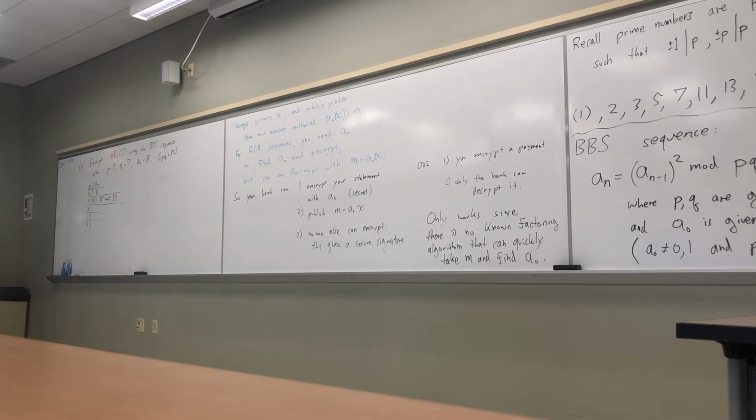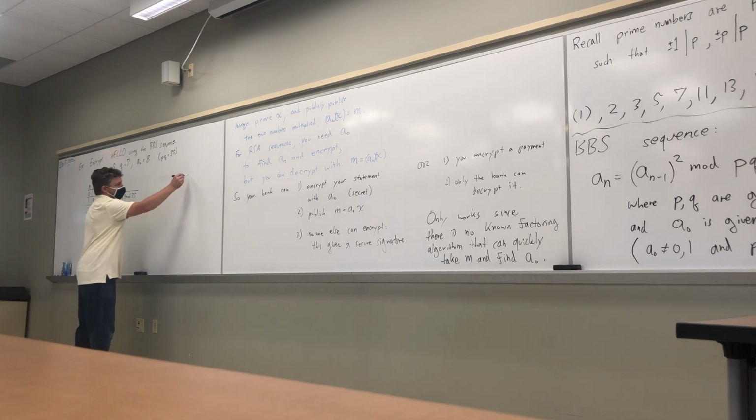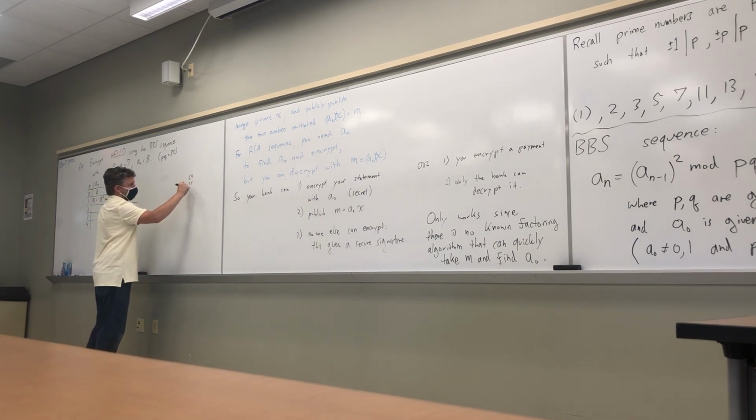So that'll be 64 mod 35. I may have picked a number that's even too big for working by hand. That's not too bad. 35 goes into 64 once, and the remainder will be whatever 64 minus 35 is. 14 minus 5 is 9, so 29.